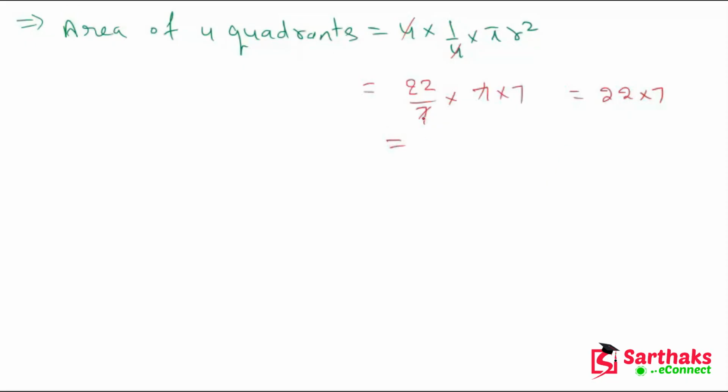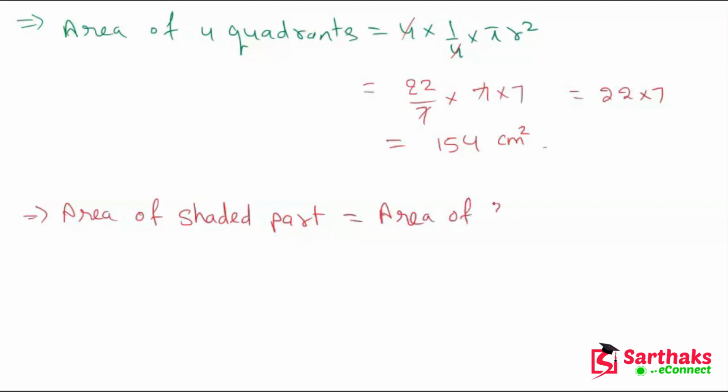So this will become what? Yes, this will become 154 centimeter square. Okay, my dear friends. So now, area of the shaded part is equal to, what is the area of the shaded part? Yes, we can easily find it: area of square minus area of 4 quadrants.